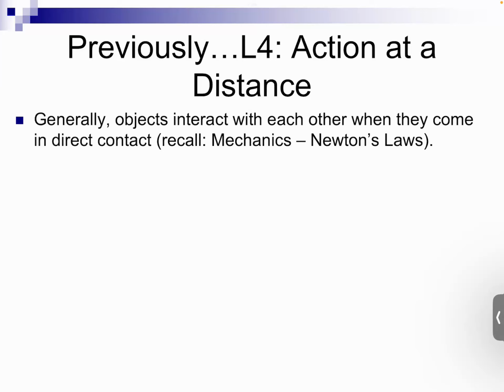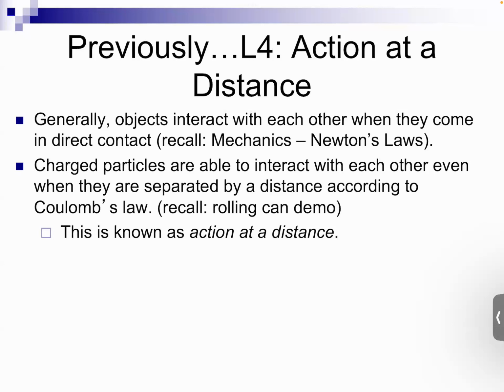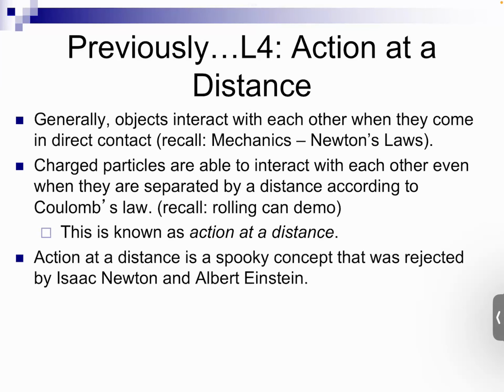That's quite intuitive, you can easily understand that. But the fact that the balloon made the can roll without touching it was a spooky concept. It was a spooky concept in the 19th century, in the time of Newton and Einstein. And so they probably thought it was witchcraft or something magical.